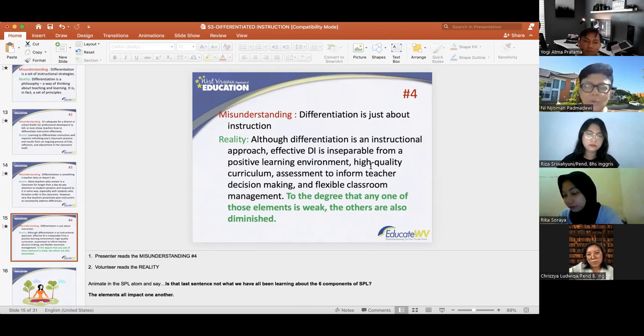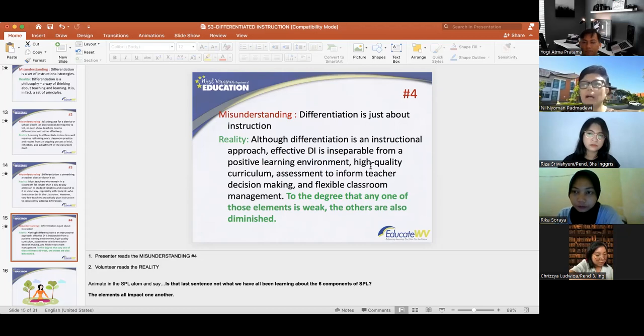What is meant by high quality curriculum? Curriculum which gives you more flexibility, right? So you have to be able to have curriculum which is flexible. What is meant by flexible? The curriculum which accommodates any adaptation, any modification. Why? Because you need to adapt that to the real condition in the classroom.